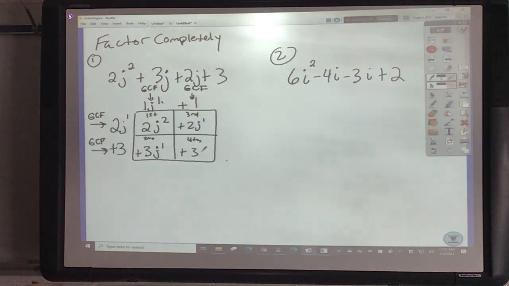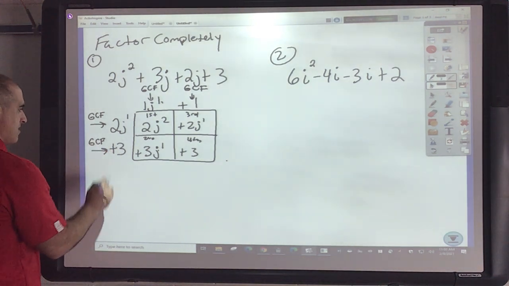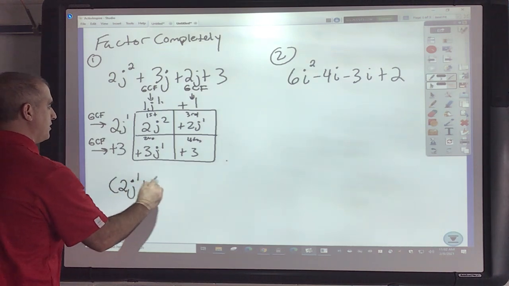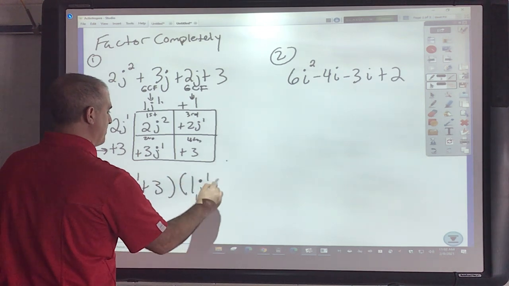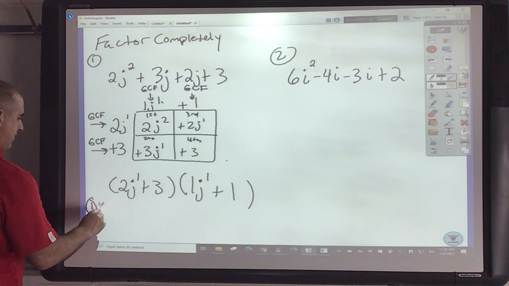All right? Now, here's how you have to write your factors, okay? So this is a factor, 2j to the first plus 3, and the other one is that top one, and we did that through multiplication before, okay? So here are the steps. Fill in the box.